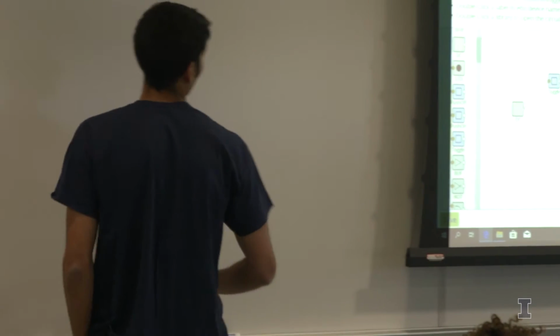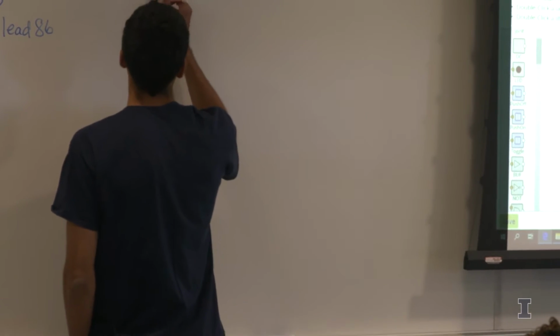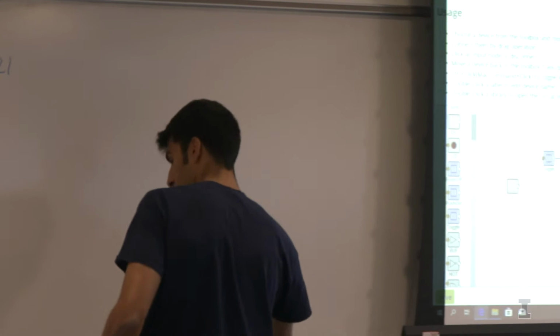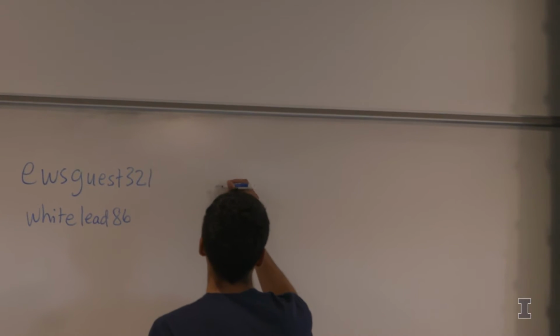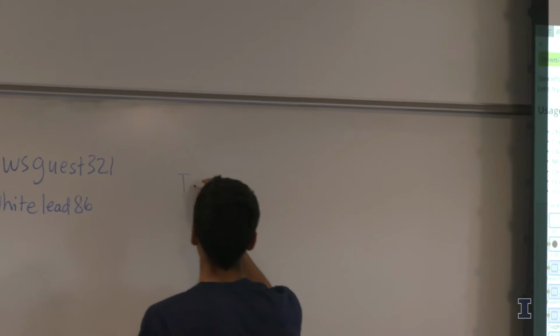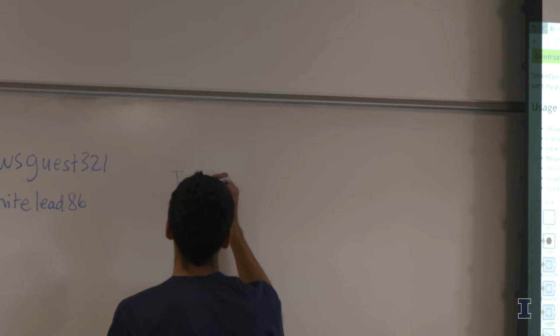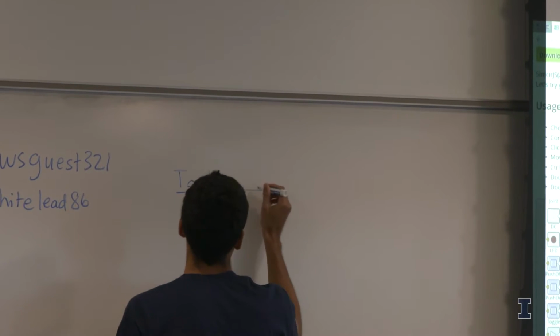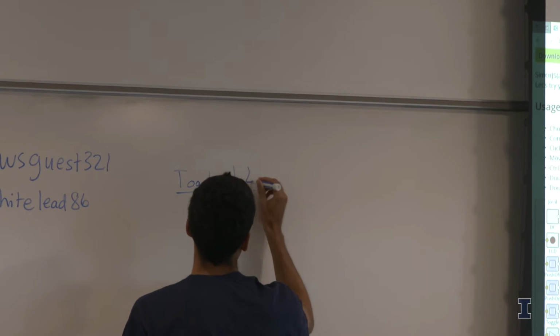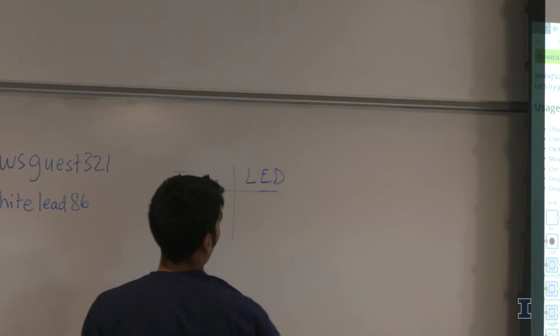And we can write this, if we wanted to make a table. So you could have the toggle, and you could have the LED here. Right?